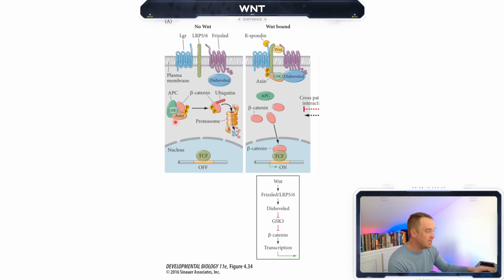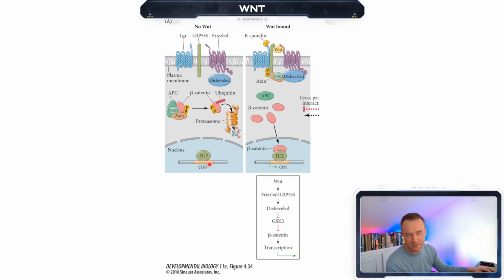So by inhibiting GSK3, the WNT signal frees that beta-catenin to associate with its cofactors. In this case, it can go into the nucleus and associate with TCF, and that causes it to become an activator of transcription. I'll admit my ignorance here, I'm not quite sure if TCF is an active repressor or if it's just a transcription factor that needs beta-catenin to be activated.